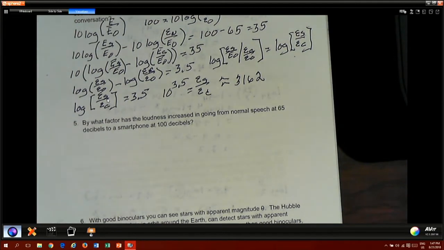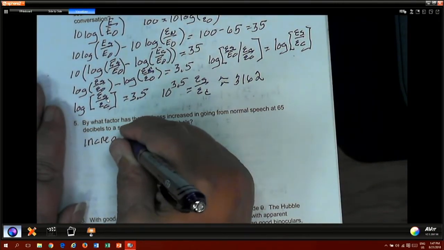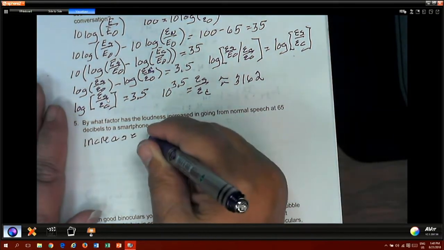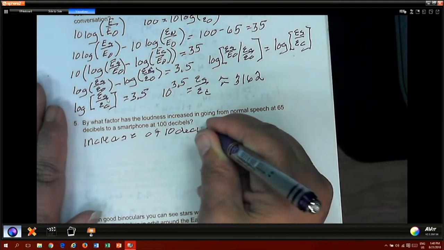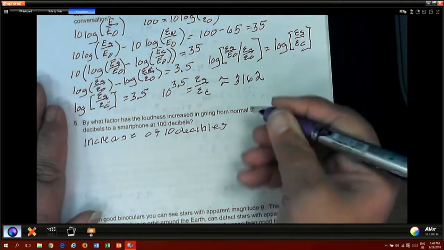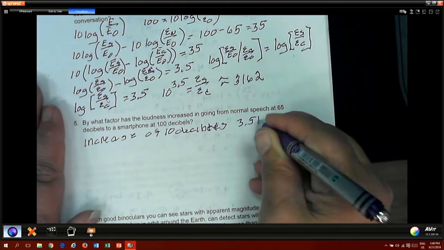So by what factor has the loudness increased in going from normal speech of 65 decibels to a smartphone at 100 decibels? So it's an increase of 10 decibels (3.5 times).